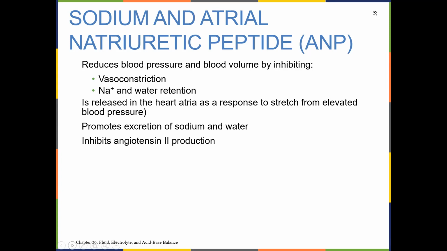When the atria stretch, it's because our water level's up, and that means the plasma levels are up. So there's more plasma coming into the atria. They stretch and say, oh, we must have higher pressure because we're being stretched more. They release ANP, block the role of aldosterone, block the retention of sodium, block the retention of water, inhibit the effect of angiotensin II to vasoconstrict.